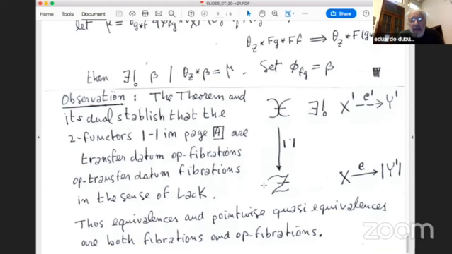And so we have transfer datums and quasi-equivalences in Z, and our theorems show that there are fibrations in this sense of Lack. I mean, if a structure in Y can be transferred, it can be transferred to a structure in X. So our theorems of transfer of structure for pseudo-functors are examples that establish that certain arrows are fibrations in this sense.